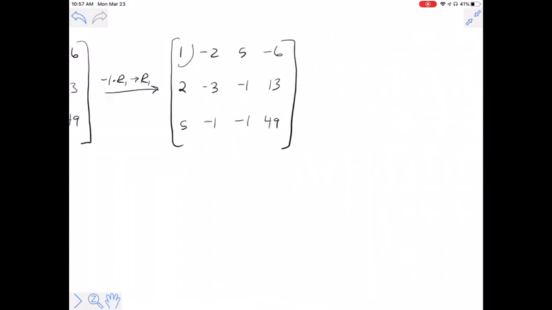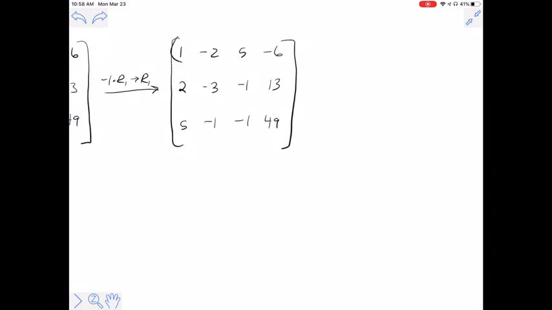So now that I've got a 1 right here, remember my next step or task is to get those to be zeros. And you can't multiply a whole row by 0 because that's just going to turn the whole row into 0. You don't want that. So the only thing that's going to change this number 2 into 0 is to add -2 to it.